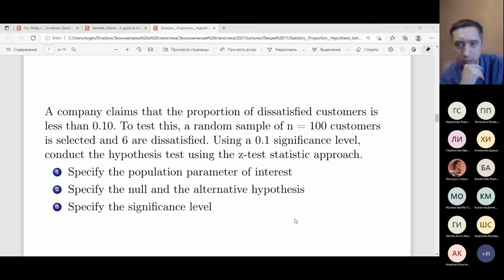Okay, not bad. Look, the keyword here is that the proportion of dissatisfied customers is less than 0.1. Less means it is a strict inequality. Okay, good. At least I see that all of you use equality for the null hypothesis. Not bad. Probably there are some mistakes with inequality operators.